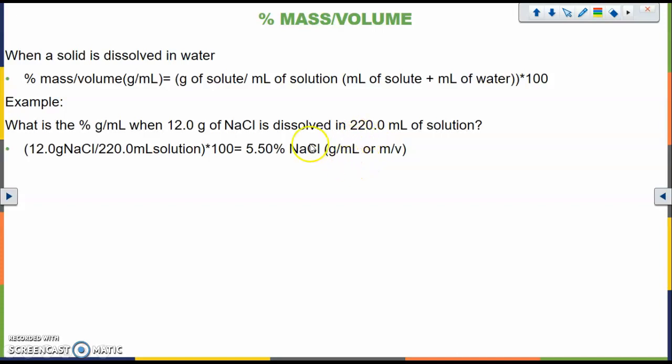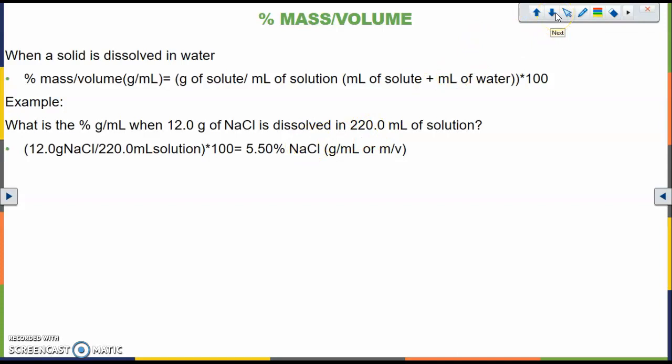The other thing you can think about is you look at the substance that's being dissolved in water, and you think to yourself, what state of matter is that at room temperature? Obviously salt, sodium chloride, table salt, is a solid, so if this is not given to you, you can always assume that it's a solid at room temperature. It's actually grams per mil. But just for our purposes, make sure that you indicate what percent concentration you're actually using.